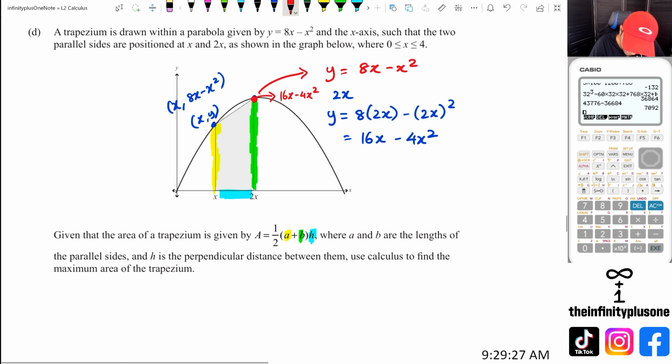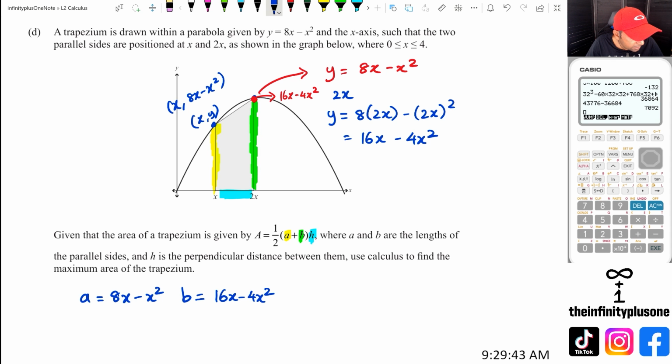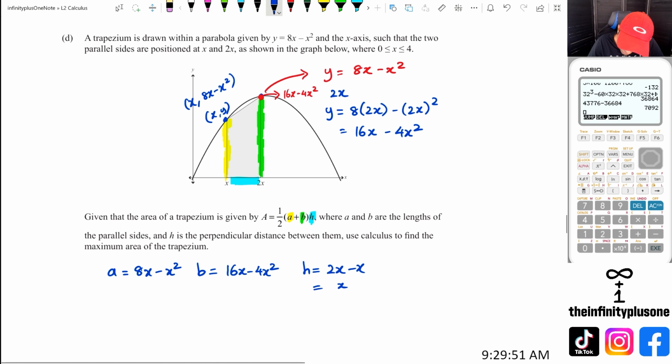Now once we have that, what we then have is the A value, which is the yellow part. That's going to be straightforward because that's just 8x minus x squared. The B value, which is the green line, is going to be 16x minus 4x squared. And then the H value, which is the height, is just going to be x, because we're going to go 2x minus x, and we're going to get x.